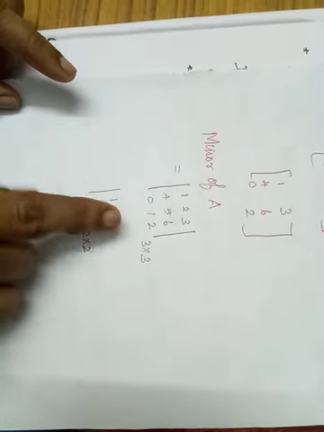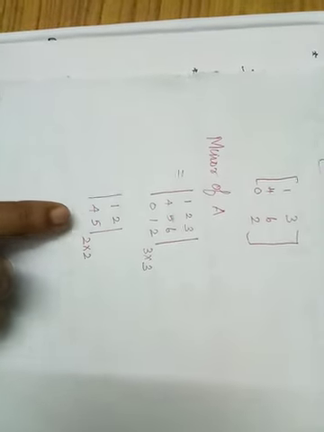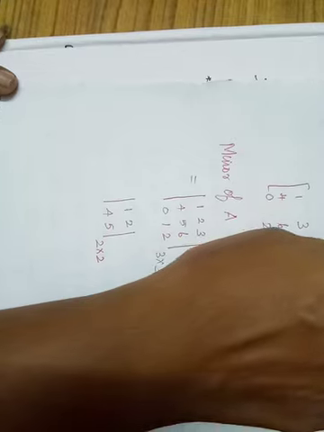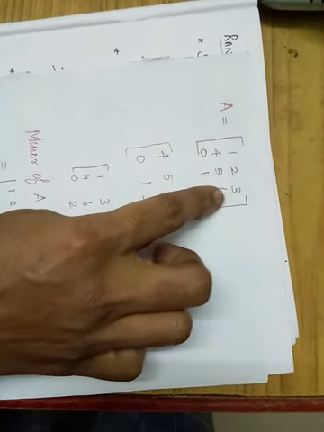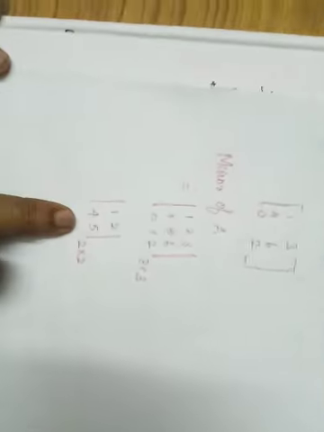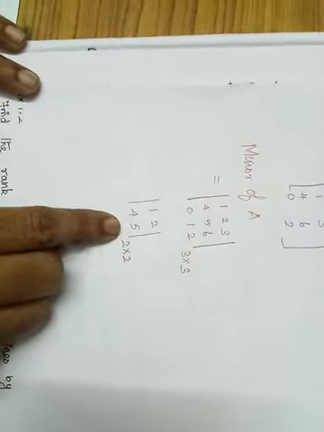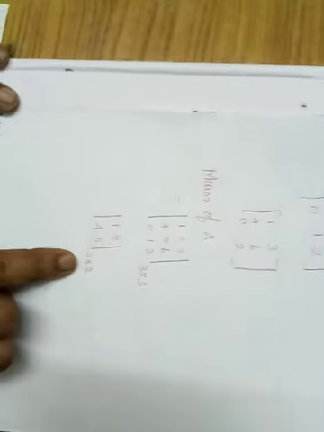Here is the 3 by 3 minor of A. Here I have deleted the third column and the third row. So the determinant of 1, 2, 4, 5 is a minor of the matrix A whose order is 2 by 2.